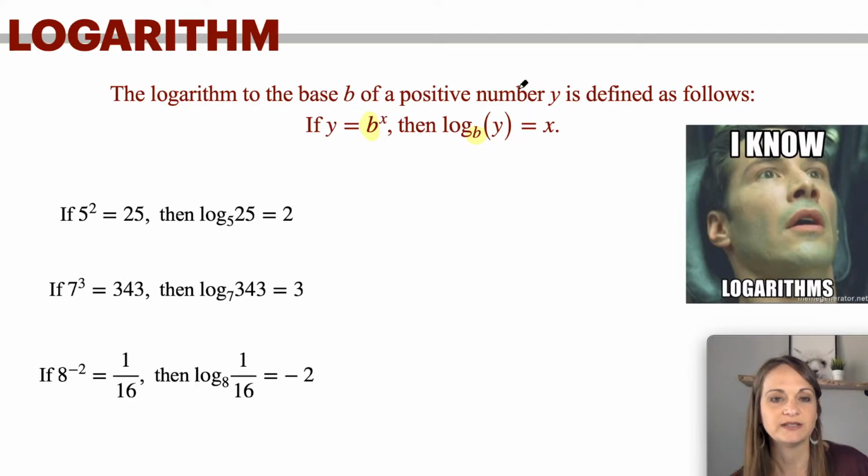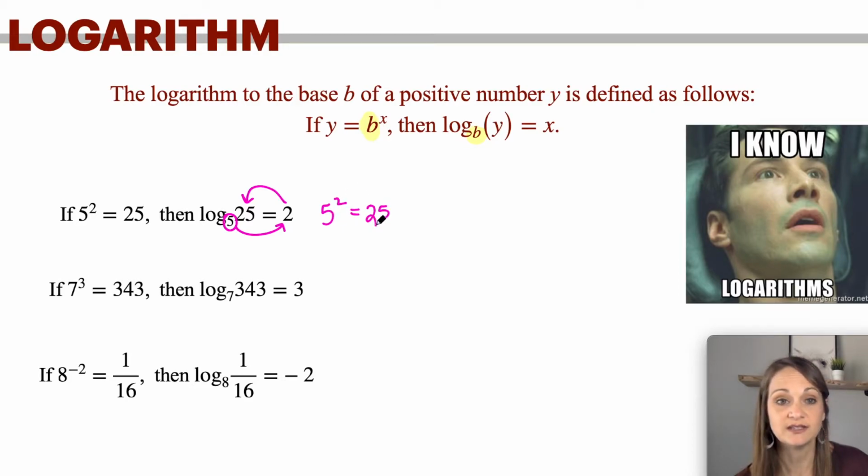The exponent is what it gets equal to, and whatever it equaled becomes part of the log. I know that sounds kind of weird, but for example, if 5 squared equals 25, that means log base 5 of 25 equals 2. Again, you could think of it as this little number raised to the 2, that number raised to the 2 is going to equal that number, which it does. 5 squared does equal 25.